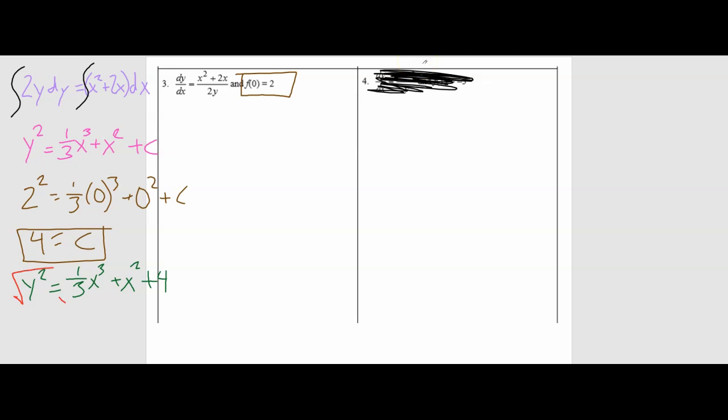So take the square root of both sides, and we get y is equal to the positive and negative square root of 1/3 x cubed plus x squared plus 4. And now we need to think, should our answer be the positive square root or should it be the negative square root?